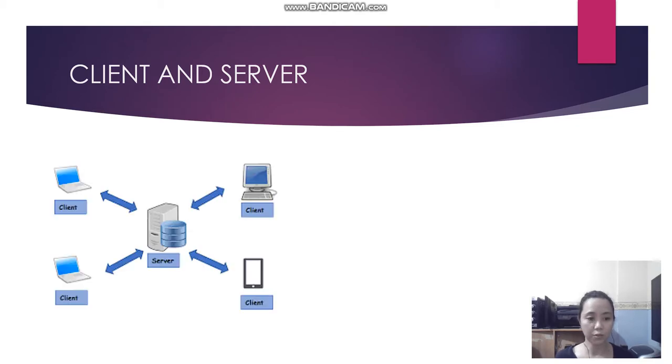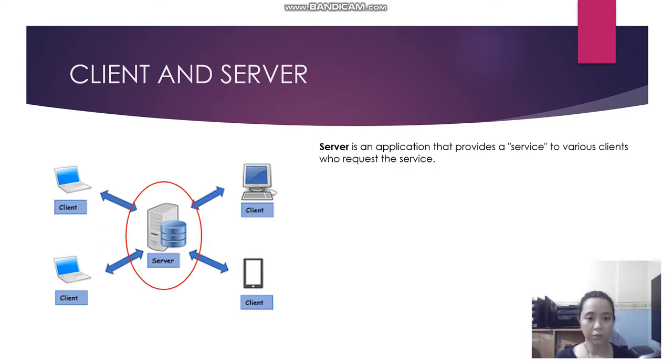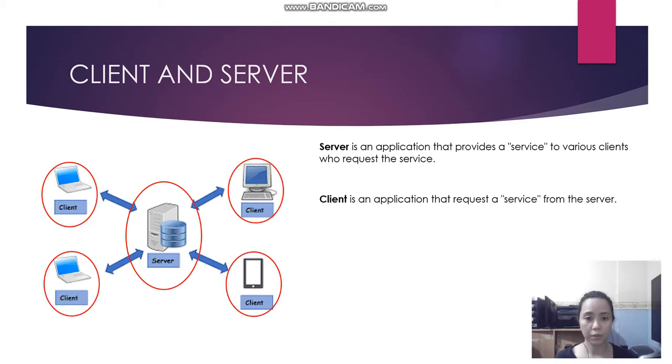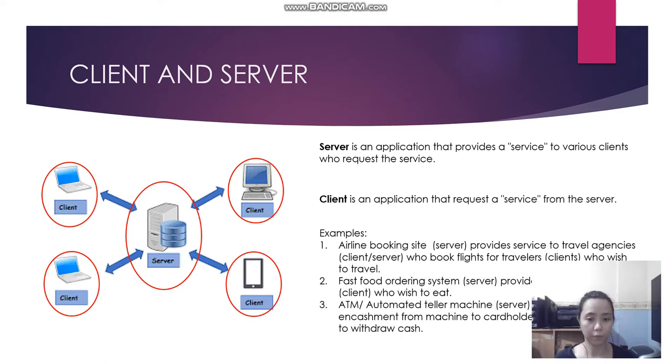The client and the server. So this is an illustration of a server and clients. The server is an application that provides service to various clients who request a service, and the client is an application that requests a service from the server.